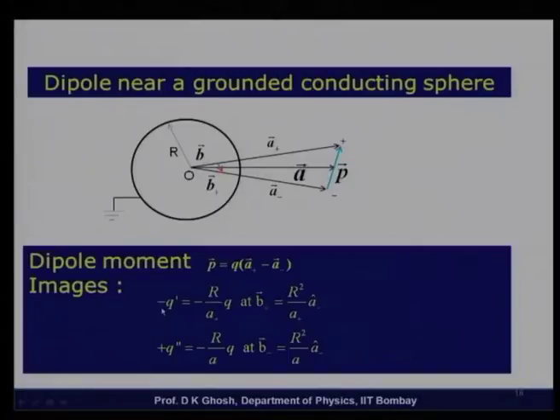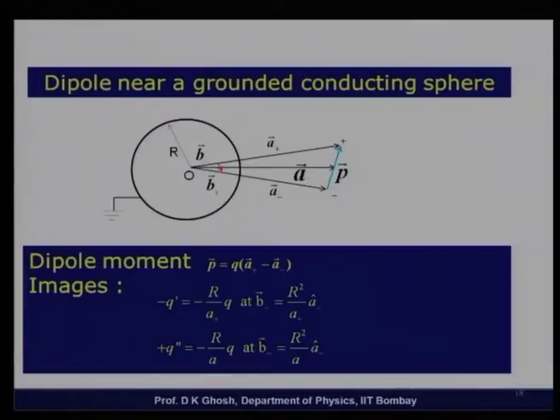Minus q prime is minus r by A plus times q, where A plus is the distance to the positive charge, and it is located at r square by A plus. And q double prime, a plus q double prime, is equal to minus r by A minus times q, which is at B minus equal to r square by A minus.